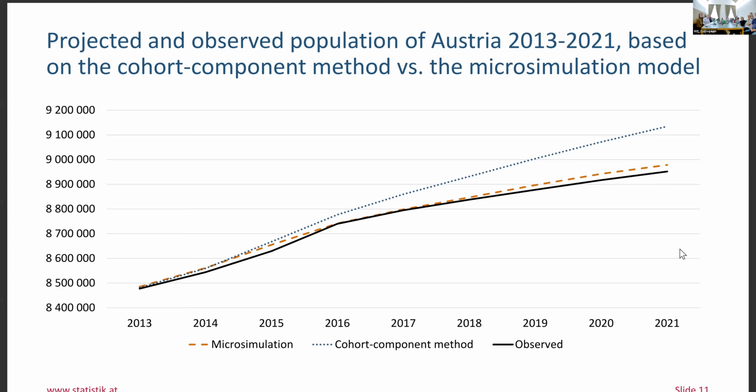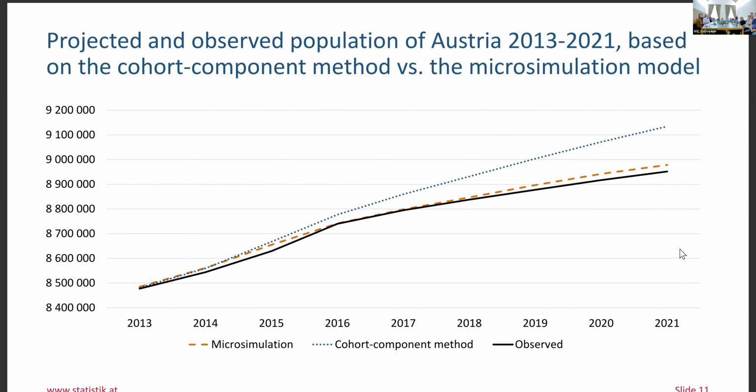So you can see this kink in the line in 2016. So afterwards, you can see that actually our microsimulation gives much better results than the cohort model. And the difference in those patterns comes from our immigration module. So that's what we basically changed.